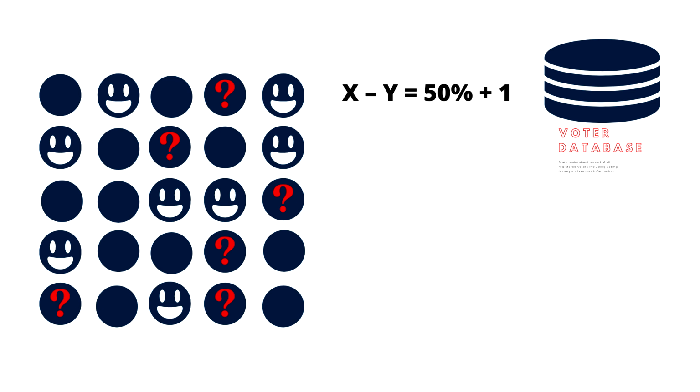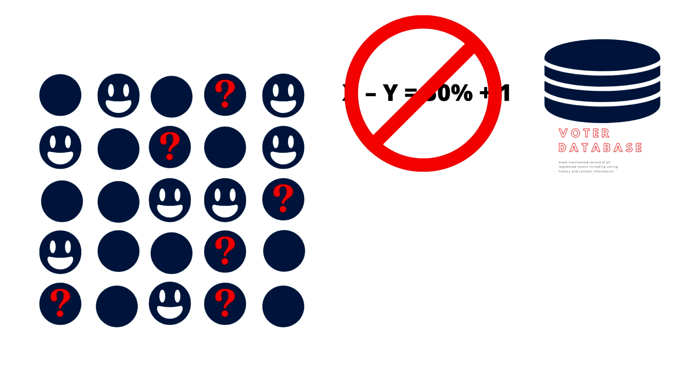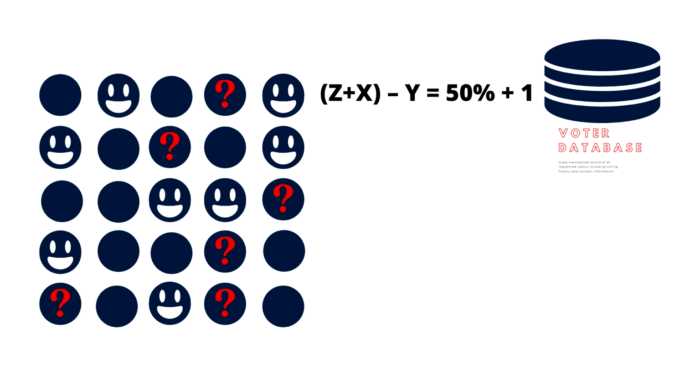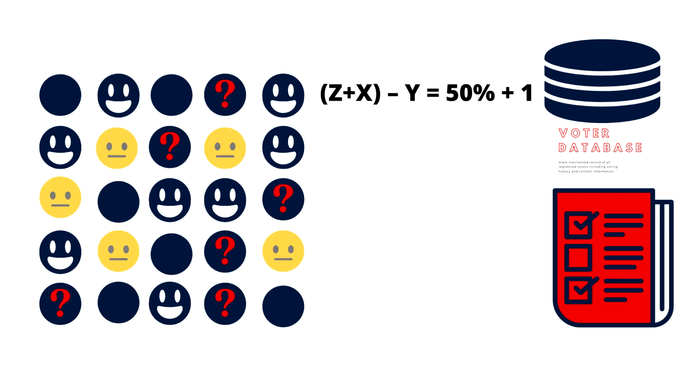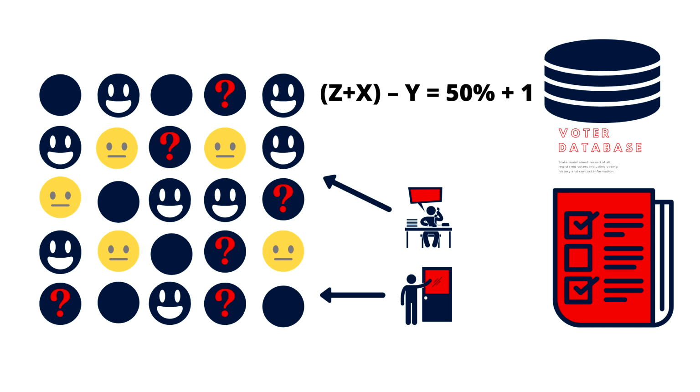But what if they're not lucky? What if they're in the other direction, where they have more 5s than 1s? Well, then between October 1st and 2 weeks before the election, this campaign is going to spend all their time contacting all these undecided voters, the 3s, and convincing them to support their candidate.